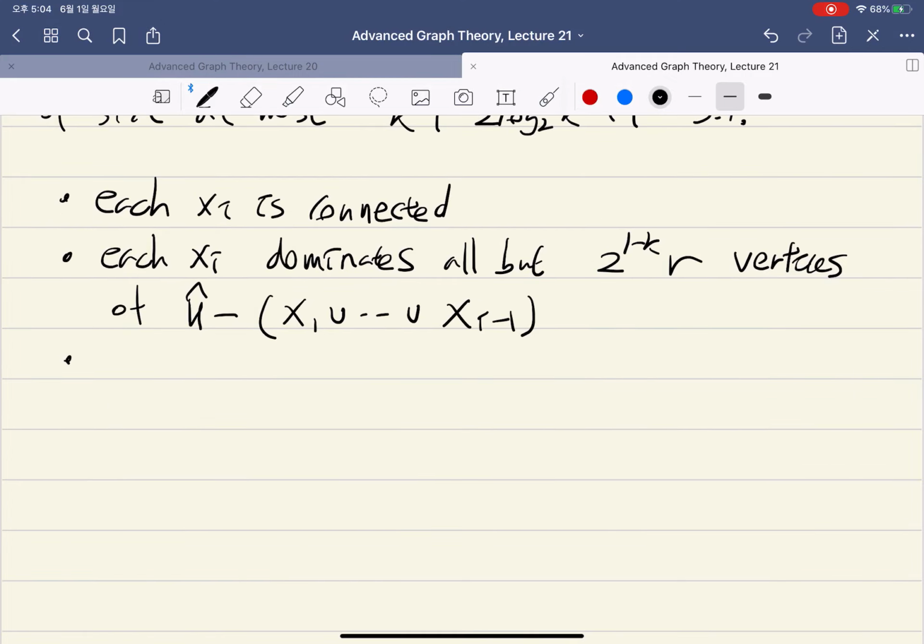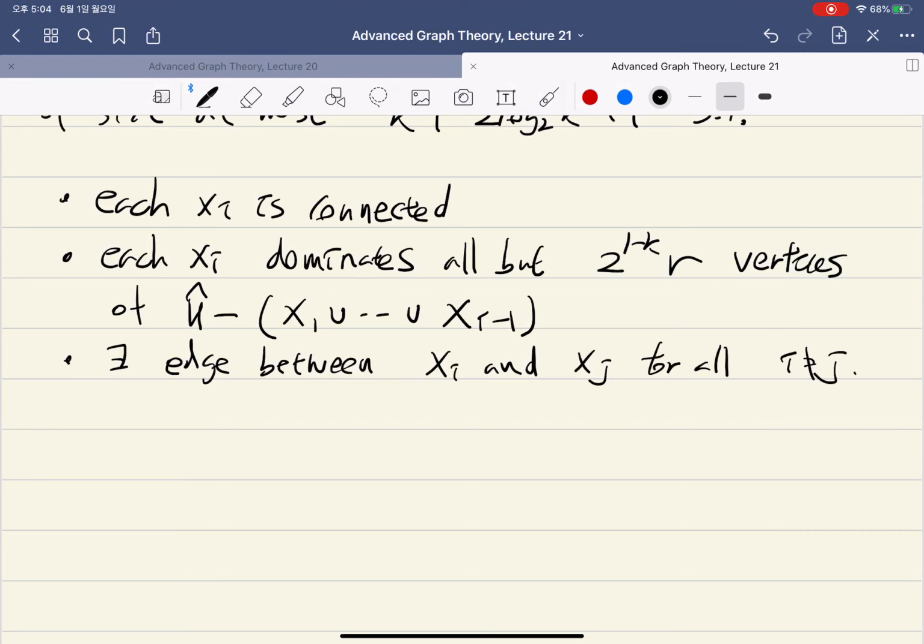And there is an edge between xi and xj for all i, j different.